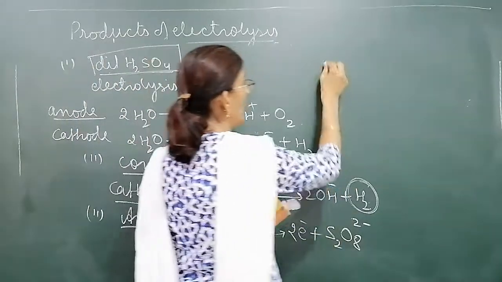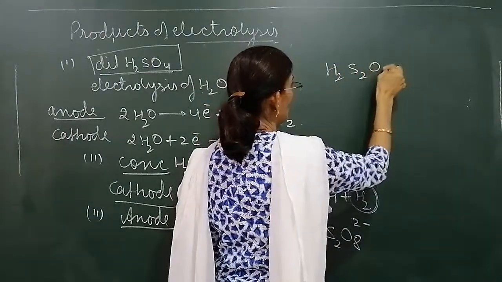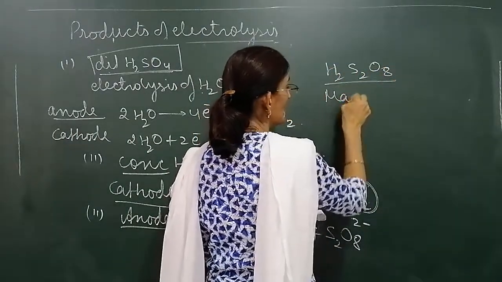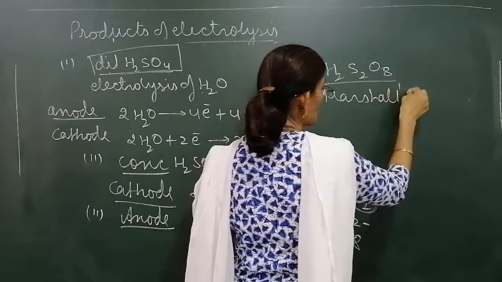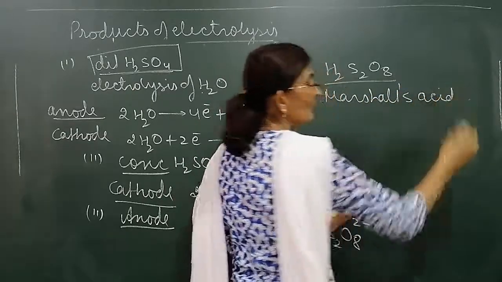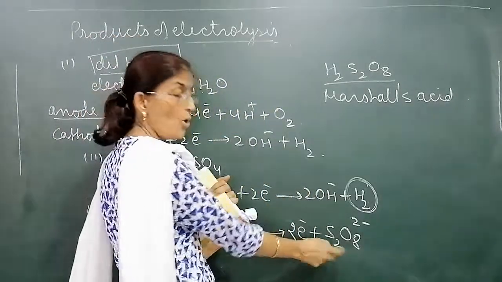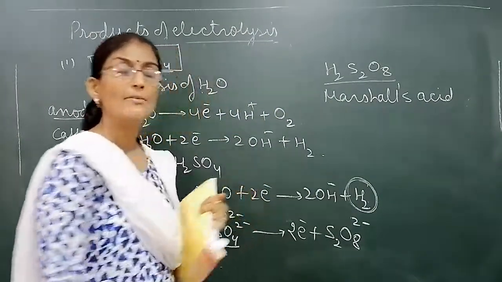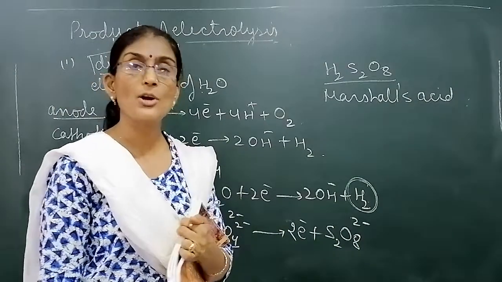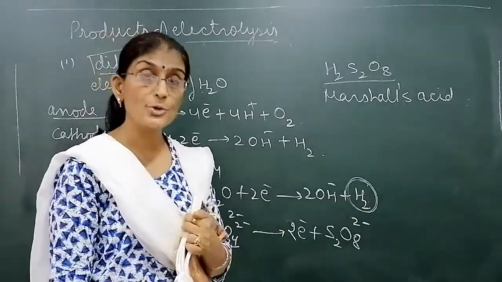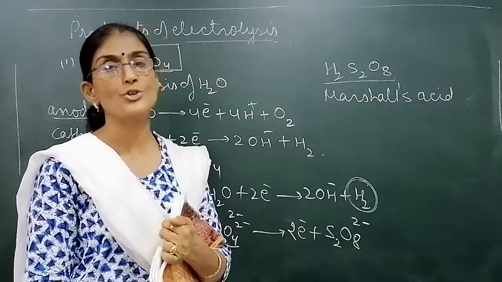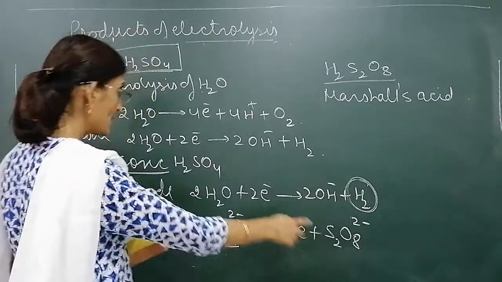You must have heard the name. H2S2O8. Its name is Marshall's acid. And what else was it called? Peroxodisulfuric acid. It has a peroxide bond. And if you remember, in 11th standard we had done that hydrogen peroxide is prepared by electrolysis of concentrated H2SO4. At that time this reaction was there.